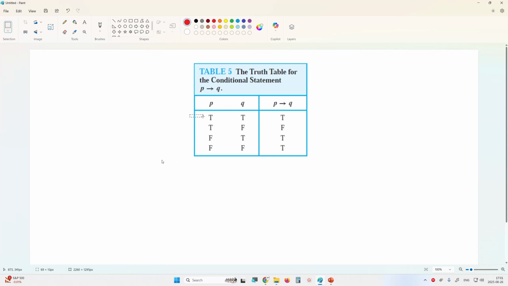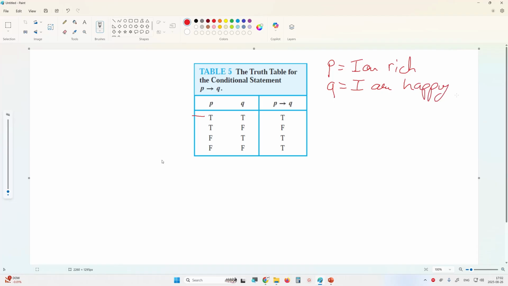So now, if I say that P means I am rich, and Q, we said, means I am happy. If P is true, I'm looking at that row right here.